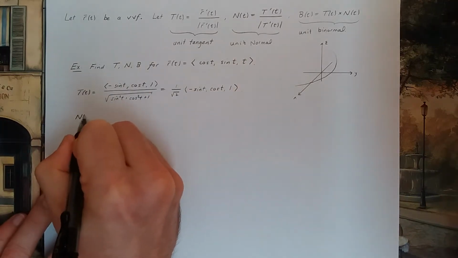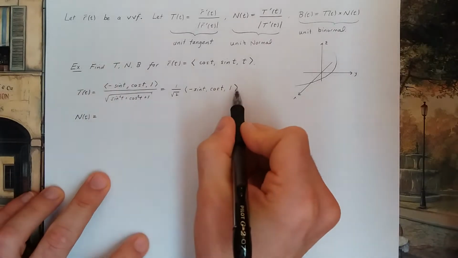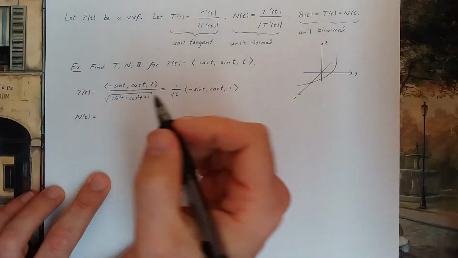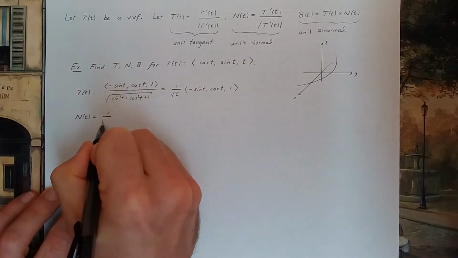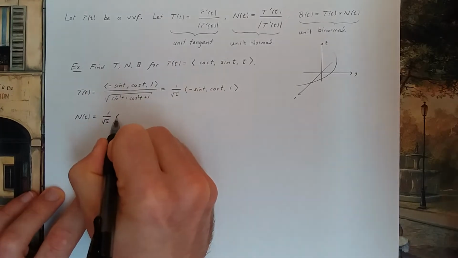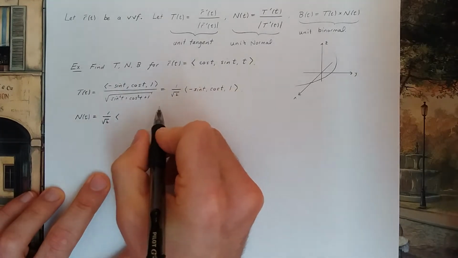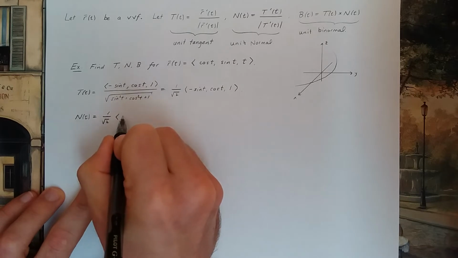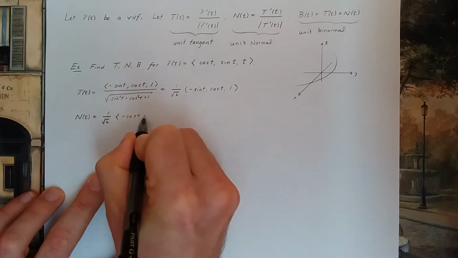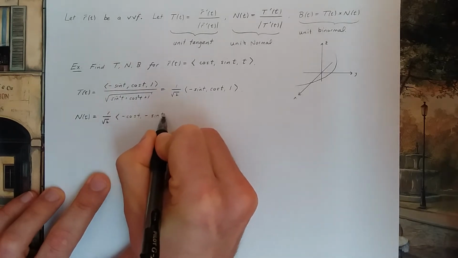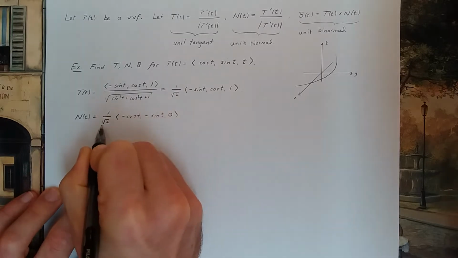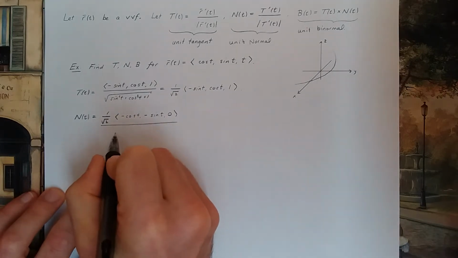My unit normal vector is defined to be the derivative of this divided by its length. So the derivative of this vector would be negative cosine t, negative sine t, 0. I have to divide that vector by its length.